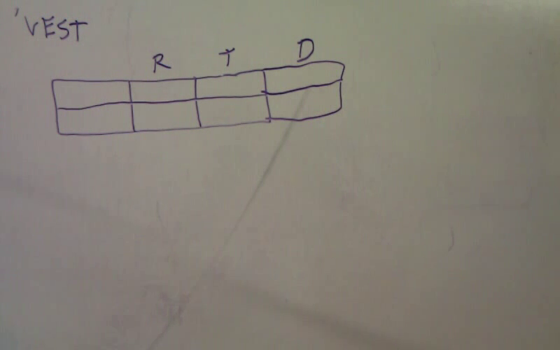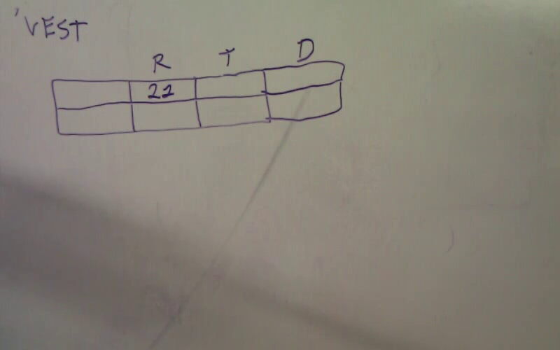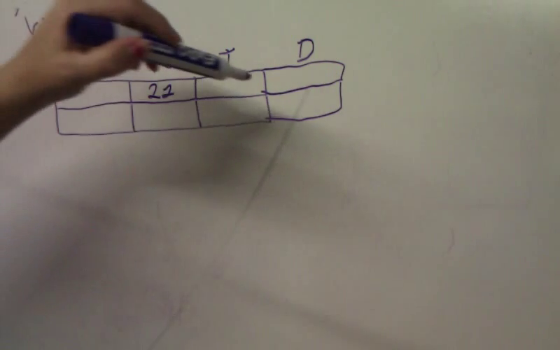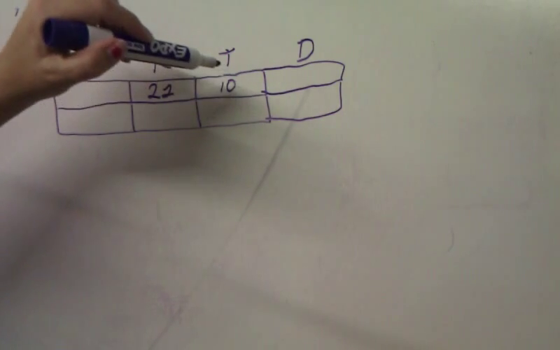Okay. A ship must average 22 miles an hour to make its 10-hour run on schedule. So it must do 22 miles per hour to make its 10-hour run on schedule. 10 hours.